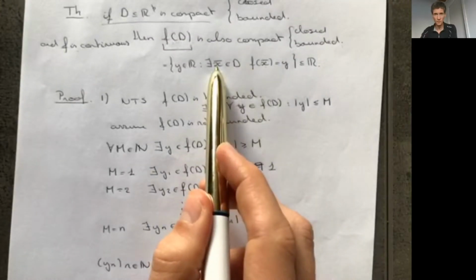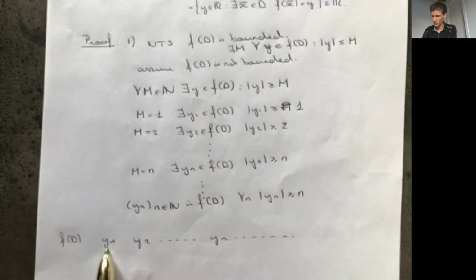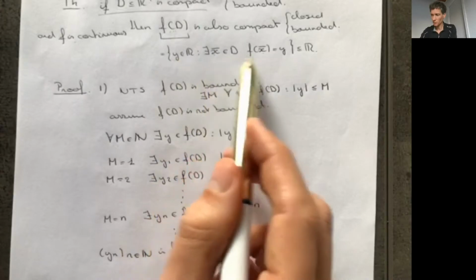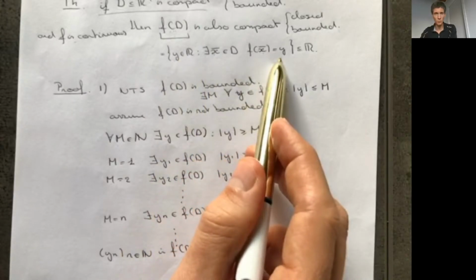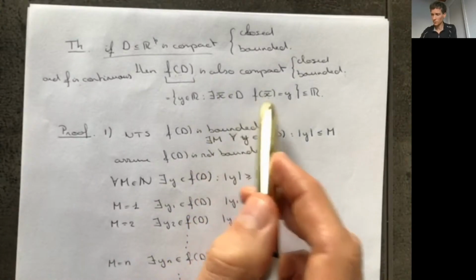Because y1 is in the range, we know that there exists an element, or a vector, in the domain such that f of this element is equal to y1. For example, for y1 there exists an x1 in the domain such that f of x1 is equal to y1.